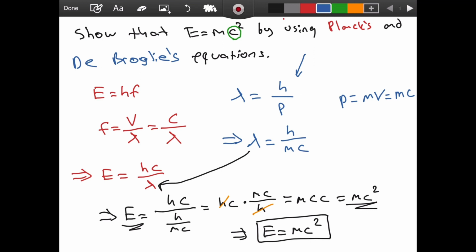So we just worked backwards. But if you want, you can use E is equal to mc squared and Planck's equation to arrive at de Broglie's equation. So as I said, because of that reason and because of other reasons, this is not a formal proof. This is just using two equations that we know to show that E is equal to mc squared.